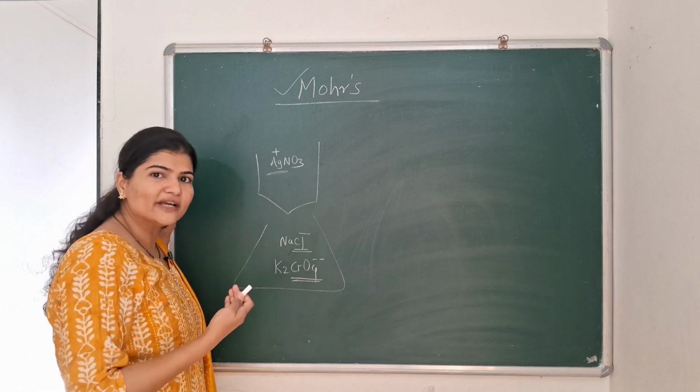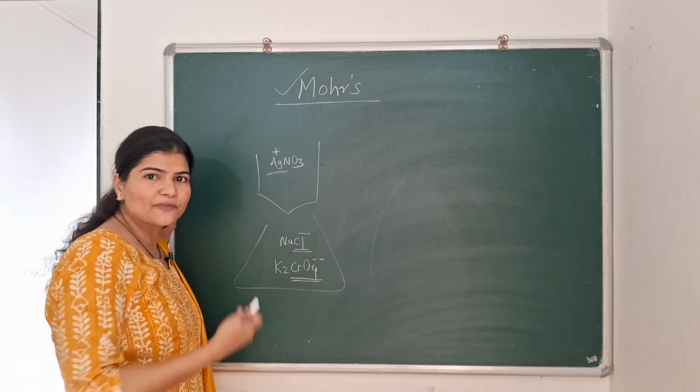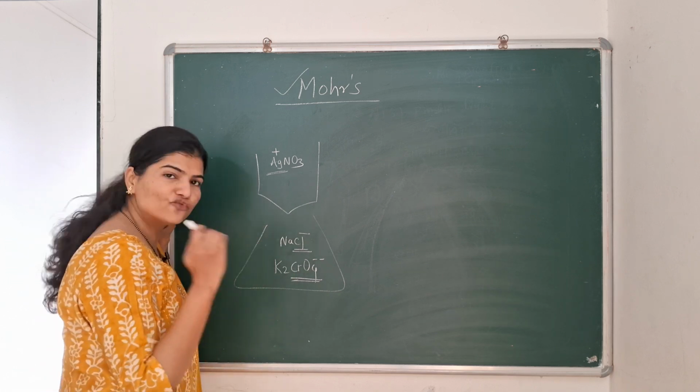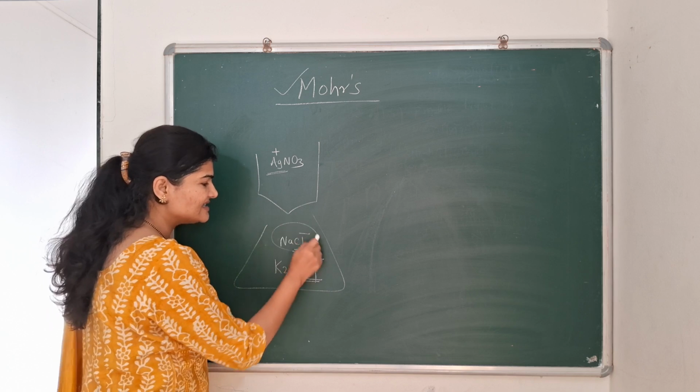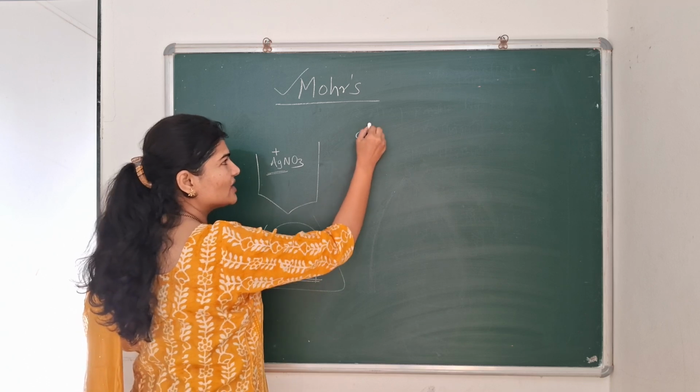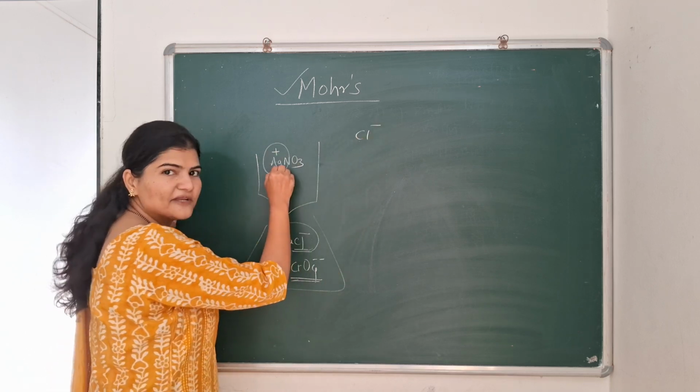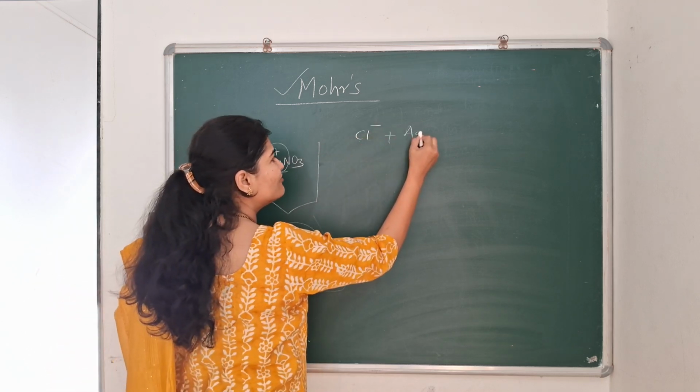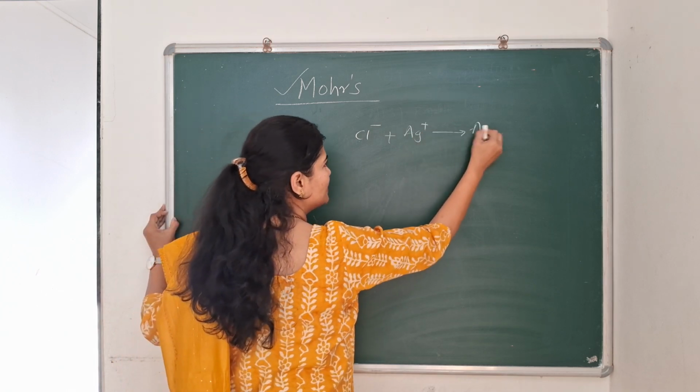Now let's look at the reactions going on. NaCl is our analyte, so the analyte ion, chloride ion, will react with the precipitating ion to form AgCl PPT.